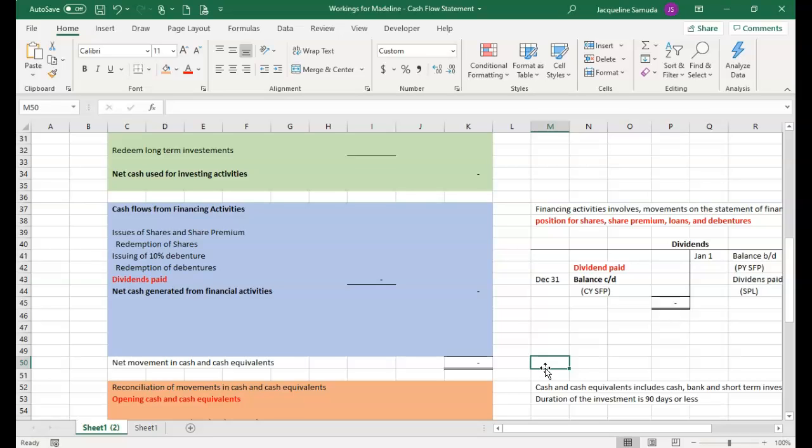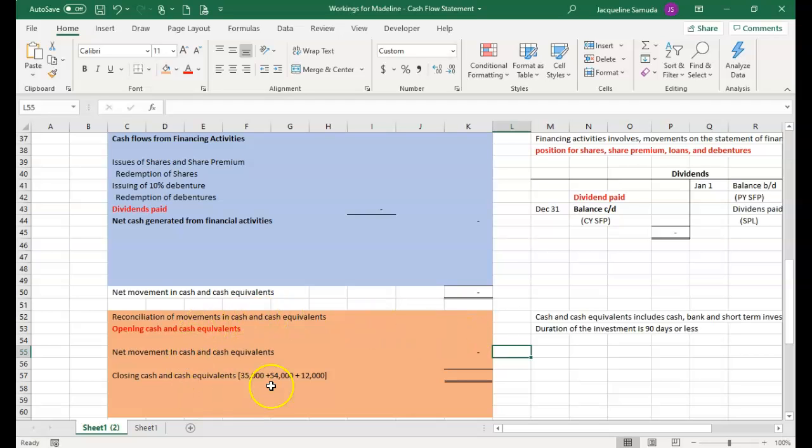Or if they want to purchase an asset and they need to provide additional funds outside of, say, a loan that they were using to buy that asset, they can encash the short-term investment. So it's a quick way to have money, or to get money, by accessing these short-term investments. And so that we refer to as cash equivalents. And so cash and cash equivalents will include cash, money in the bank, and short-term investments.